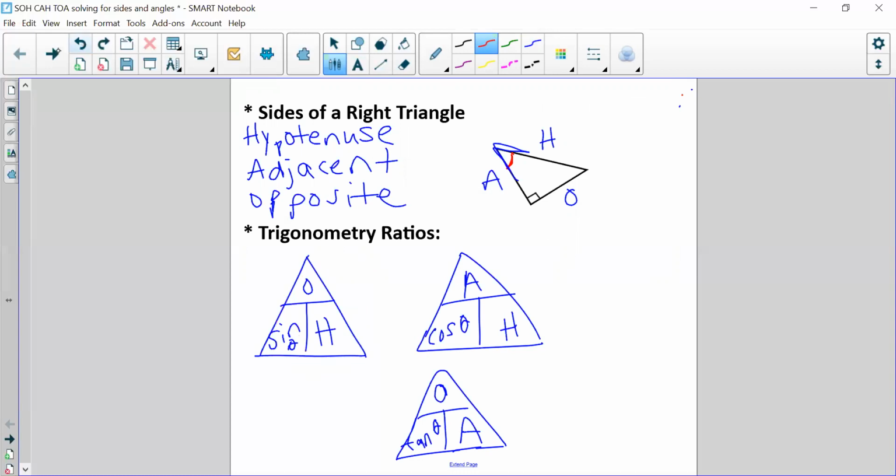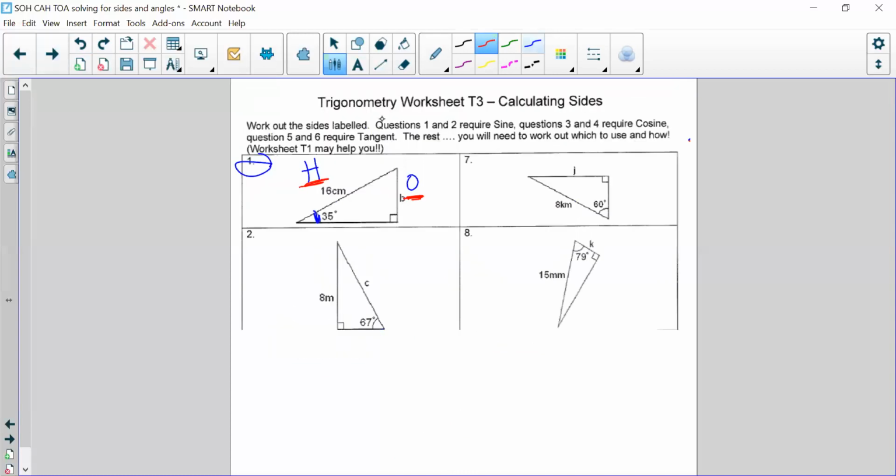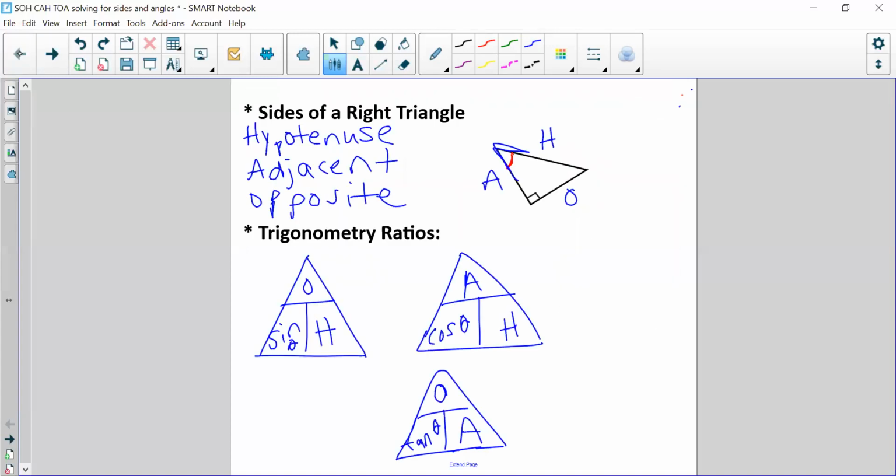So I'm going to set up my formula here. Sine of my angle is equal to opposite over hypotenuse. Actually, let me go back to my formula triangle for a second. You guys probably remember from grade 9 science, or even some of your algebra in grade 9, that when you're working with a particular formula, what you're going to do is identify what you're solving for.